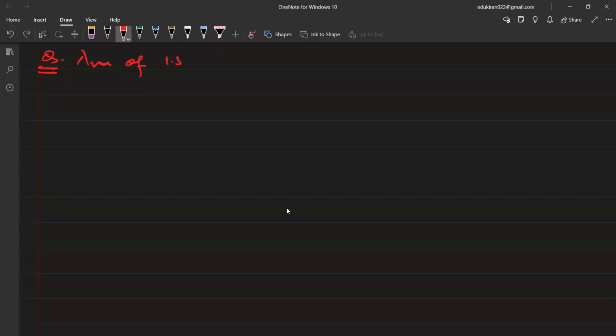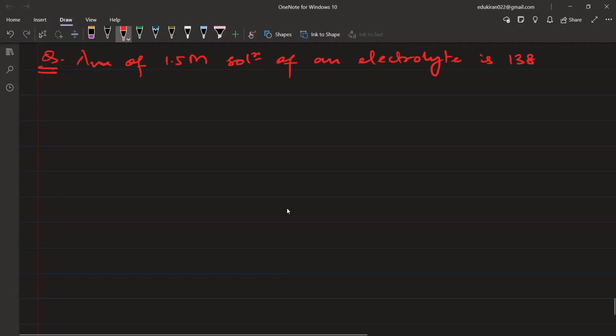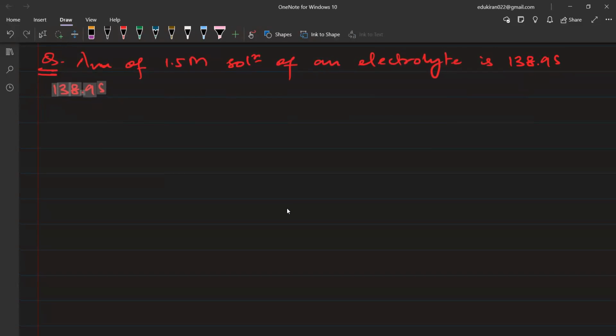Lambda m of a 1.5 molar solution of an electrolyte is 138.9 Siemens centimeter square mole inverse.